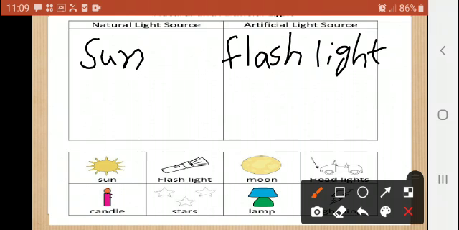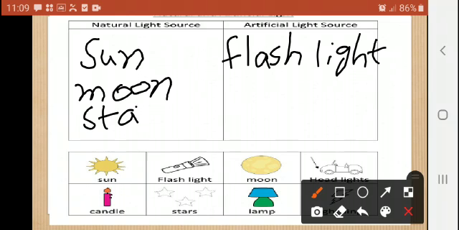So you can see here moon. Moon is a natural source of light. But the light of the moon is not its own, but it is a natural source. Stars and lightning, these are natural sources of light.